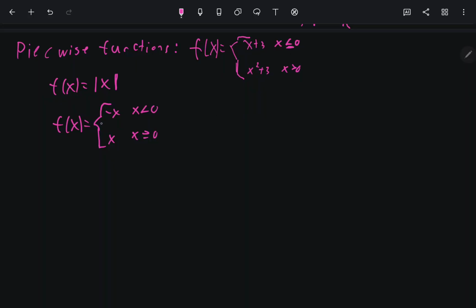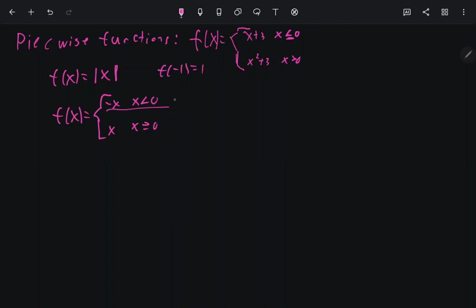Now we can test this. Let's say I want to plug in the absolute value of -1. f of -1 is 1. And if I plug it in down here, -1 is less than 0, so we're going to use this top function. -1 times negative is going to make it a positive 1, and we see that it does hold up.